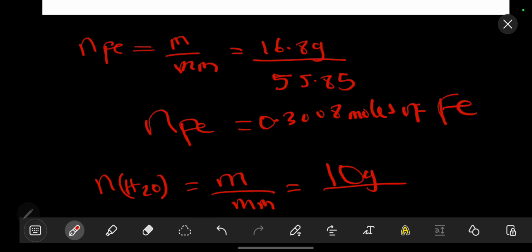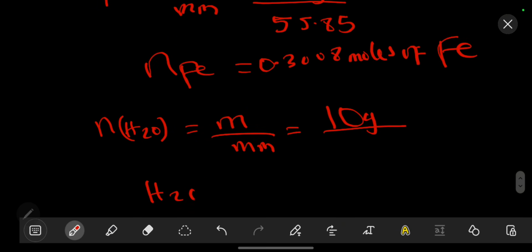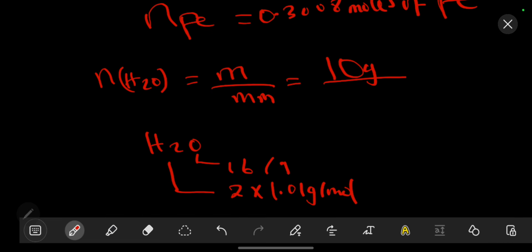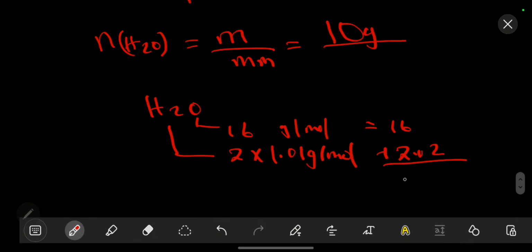For H2O, the molar mass will be 16 plus 2 times the molar mass of hydrogen, which is 1.01 grams per mole. So we have 16 plus 2 times 1.01, which gives 2.02.